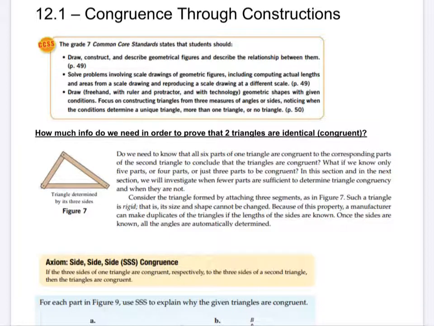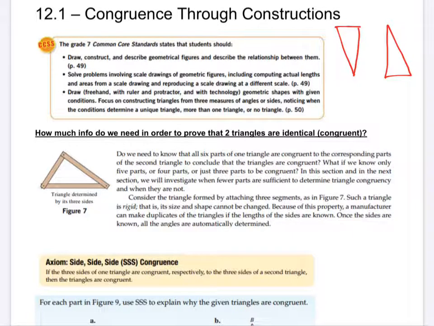How much info do we need in order to prove that two triangles are identical? Congruent, same word. We want to know that two triangles are really identical. Let me make up a couple of triangles here. If I have that triangle and over here that triangle, they sort of look identical, don't they?